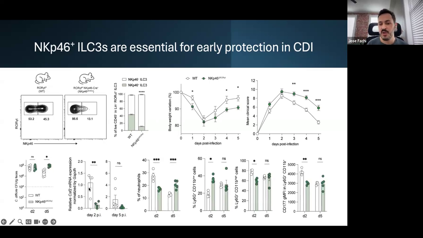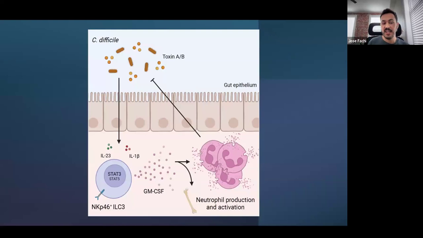Then we checked all the parameters that we have, such as bacterial burden, GM-CSF expression, neutrophil maturation, and activation. We saw that these criteria were downregulated on day 2 post-infection. But then the inflammation was unspecific and too strong on day 5 post-infection, suggesting that NKp46 ILC3s are the main ILC.